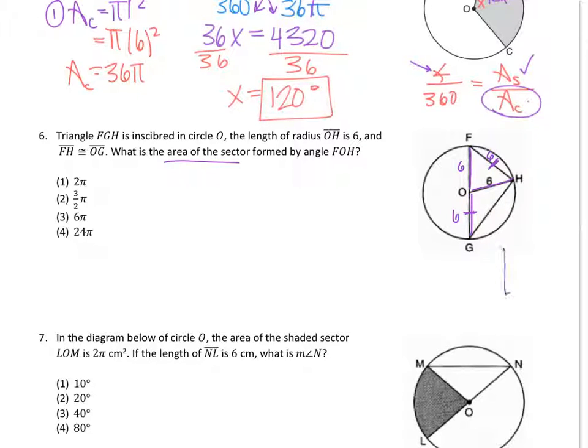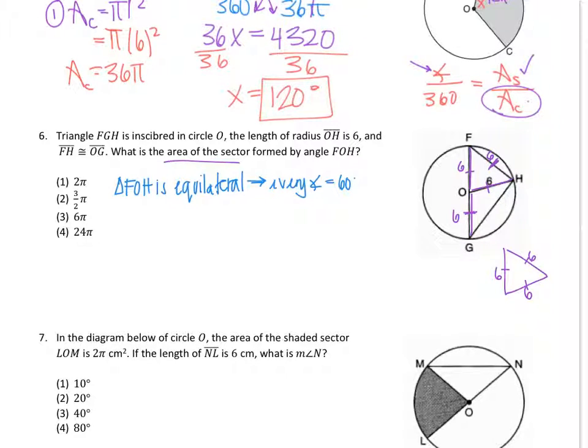So now we have this triangle with 6, 6, and 6, meaning all of them should have single hash marks because they're all congruent. That means that triangle FOH is equilateral. And so every angle is 60 degrees.